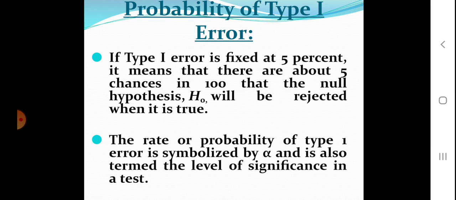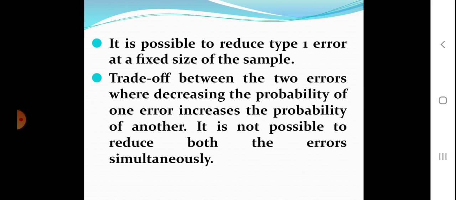It is possible to reduce type 1 error at a fixed size of sample. However, while doing so, the probability of type 2 error increases. There is a trade-off between the two errors, type 1 and type 2 error, where decreasing the probability of one error increases the probability of another.